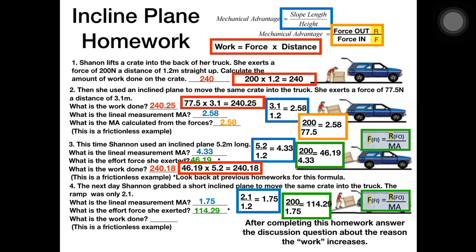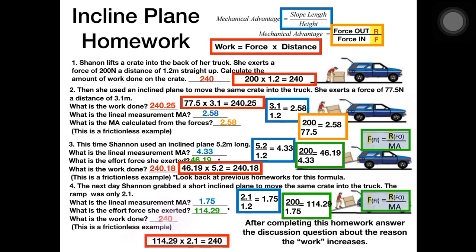Okay? And finally, what is the work done? Once again, work equals force times distance. We will use the red formula. 114.29 is the force she put in. We just figured that out in our green box. If we multiply it times the distance, this time it was the short ramp, the 2.1 meter ramp, 114.29 times 2.1 equals 240.